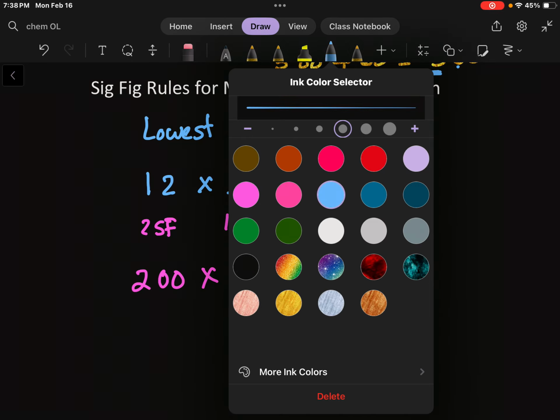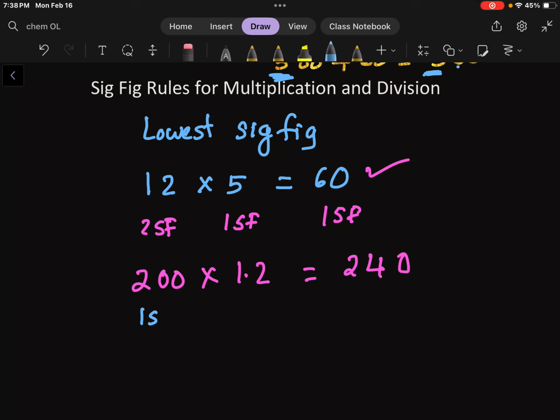The first number has only 1 sigfig. The second number has 2 sigfigs. So which one is the lowest? 1 sigfig. So your answer needs only 1 sigfig. So you have to round that to what? 200, since this number is below 5.